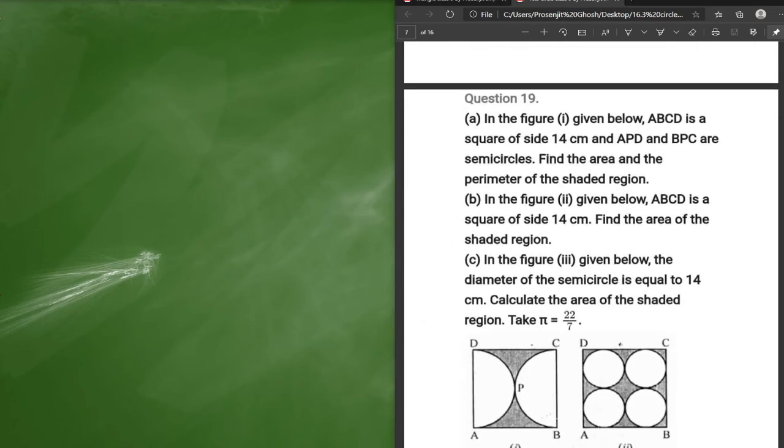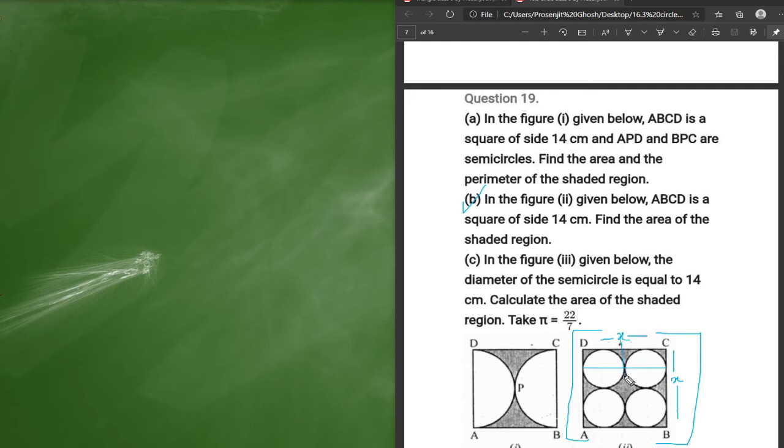Coming to 11 part B, that is the most important one. In this part, as you can see, there are 4 circles inside the square. There is one trick behind it: this is a perfect square. If each side is x, then from here to here it is completely x.